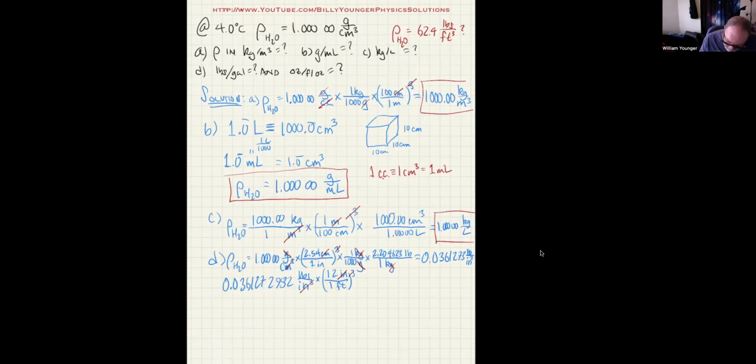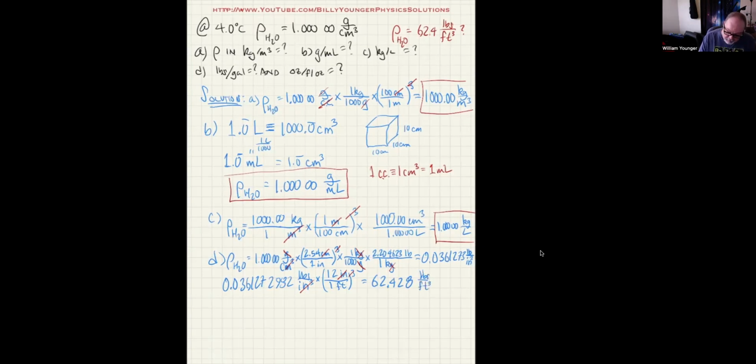And that gives me, it seems like I was right in my guess or in my memory, it is 62.428 pounds per cubic foot for fresh water.